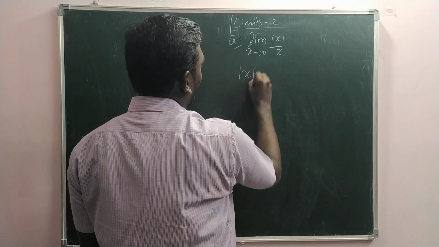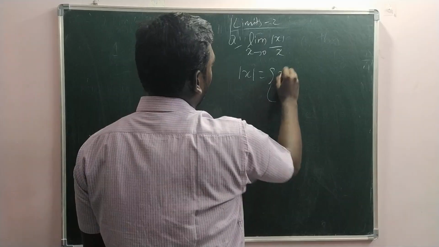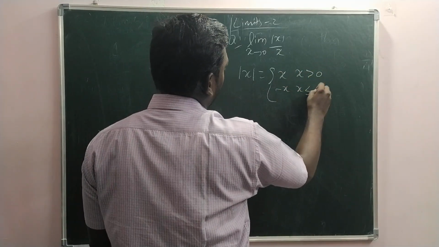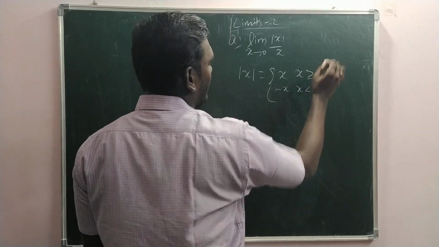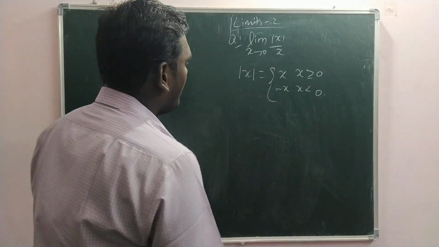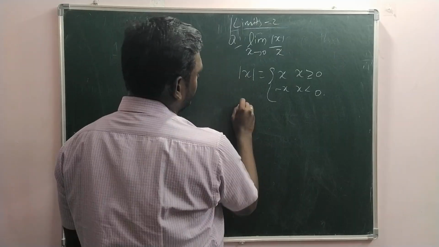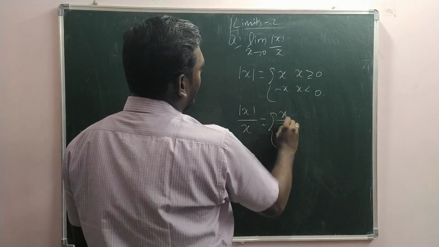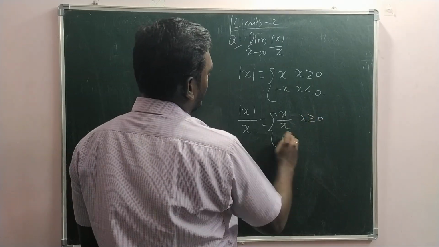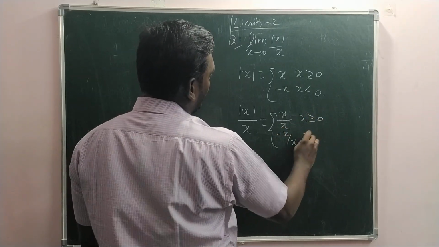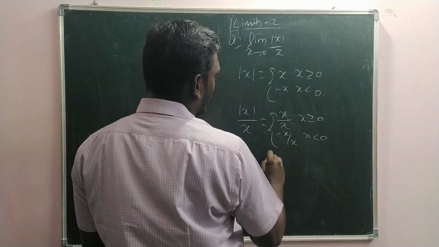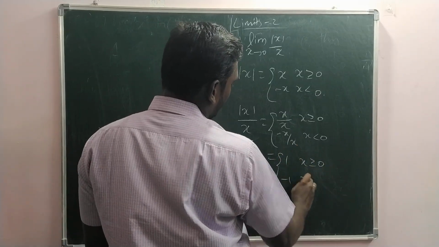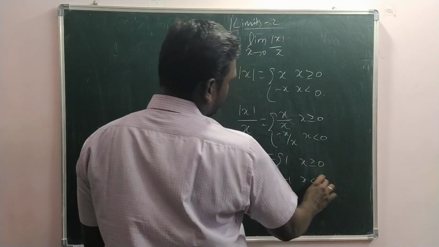We know the definition of modulus of x: positive x when x is greater than 0, and the equal to case you can associate with anything. We are looking for mod x by x. Mod x by x means positive x by x when x is greater than or equal to 0, negative x by x when x is less than 0. That means it is positive 1 when x is greater than or equal to 0, and negative 1 when x is less than 0.